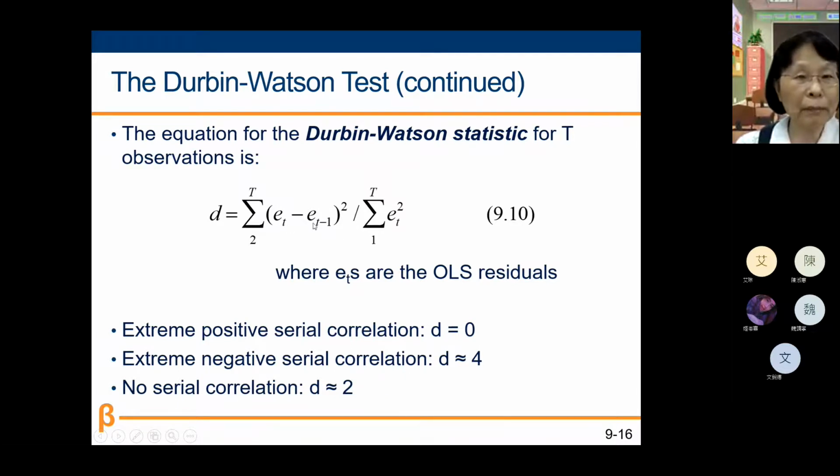And you sum them and factor the 4 out. Therefore, the D value is close to 4. And for no serial correlation, it means e_t and e_t minus 1 will be really random. There are no patterns. Therefore, for no serial correlation, D will be in the middle of 0 and 4, which is D close to 2.